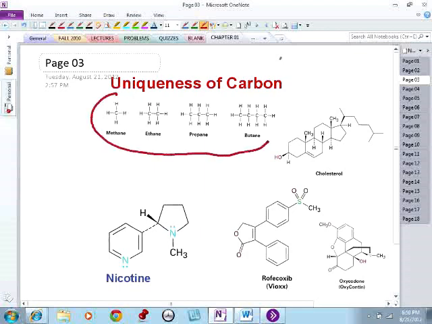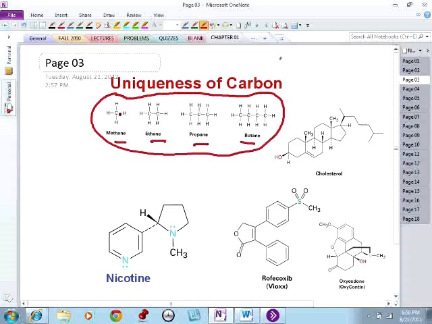These are the molecules that you use for cooking. Your cooking gas is a mixture of those molecules. You have methane, ethane, propane, and butane. Your cooking gas, the gas that you use for cooking at home, that is the composition.